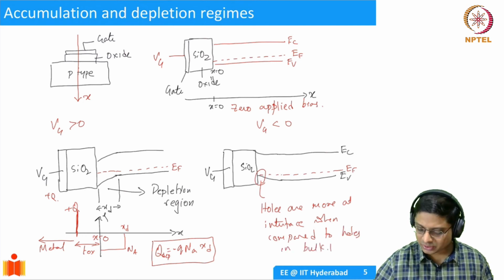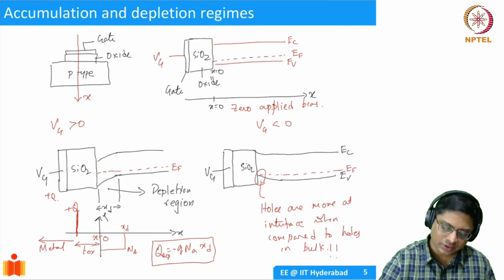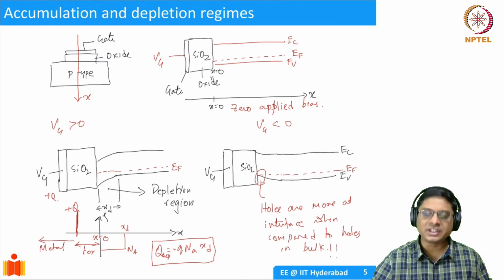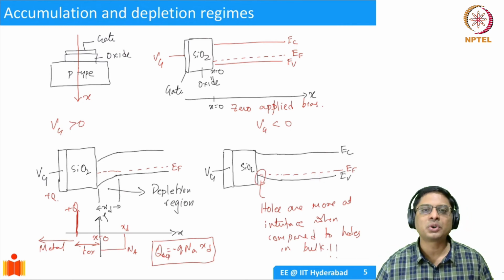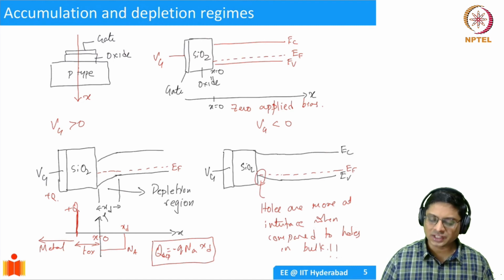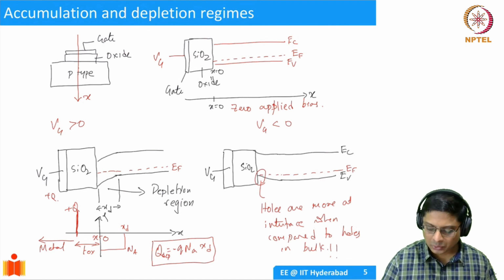So please make sure that you are convinced about this by looking at this band diagram. I mean, it's obvious because if EF is closer to EV, it has more holes, right? So when you compare the distance of EF and EV, it is more in the bulk and less at the interface. So you have more holes at the interface.